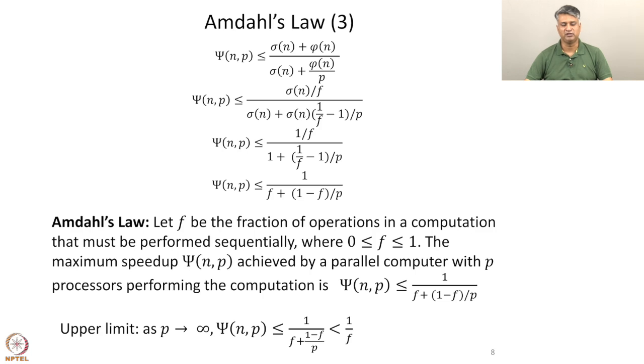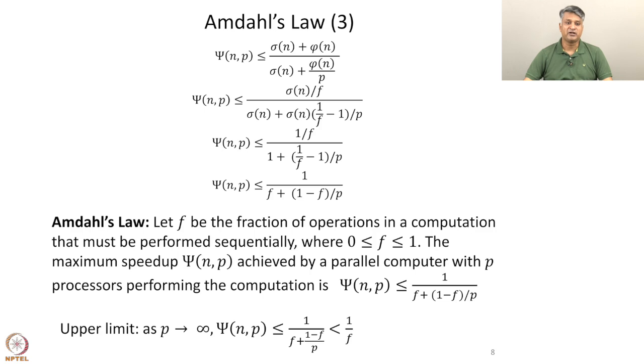If we put in the definition of f and work out the algebra, the speedup(n,p) is at most 1 over [f plus (1 minus f)/p], where f is the fraction of operations in a computation that has to be done serially. This fraction is within the limits of 0 and 1.